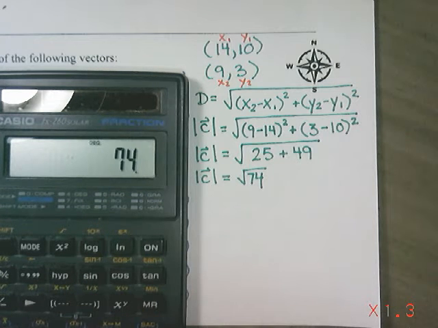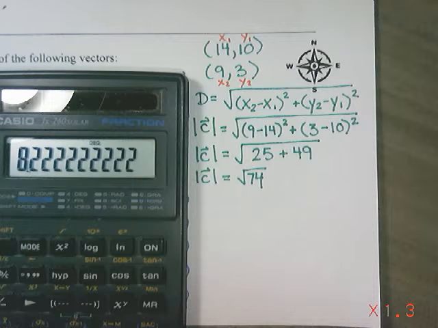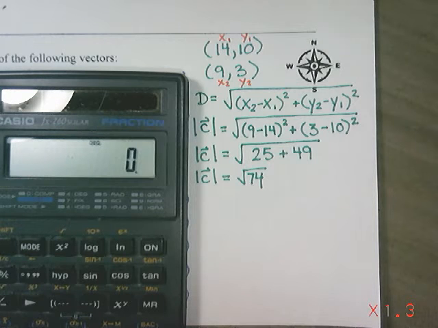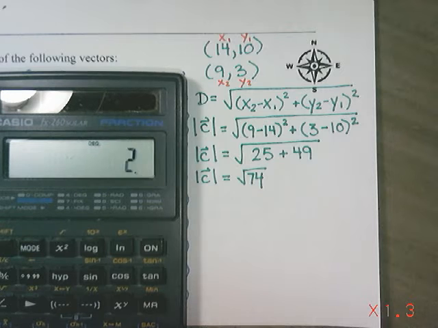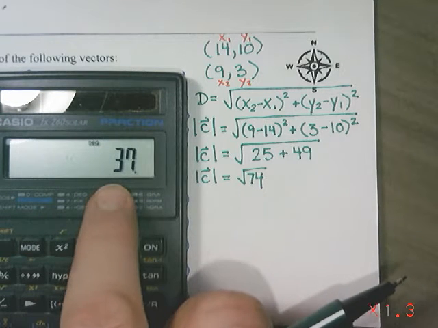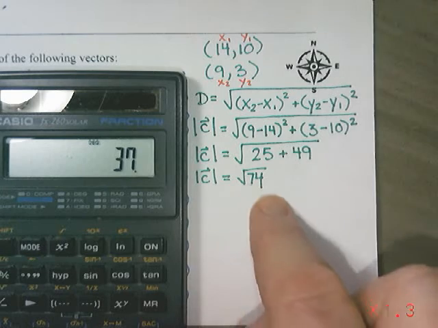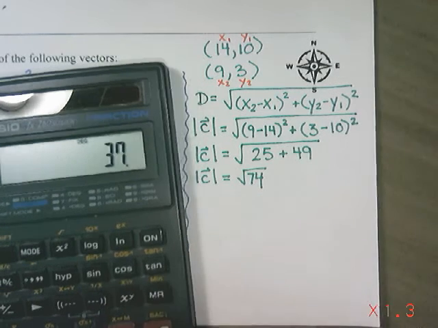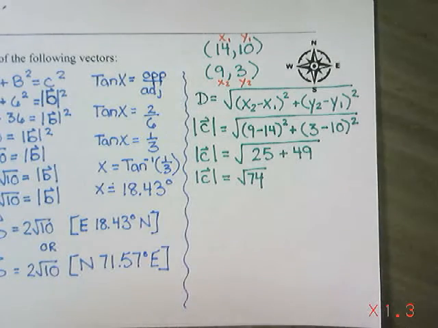I could try 3 squared, which is 9, and that didn't work either. When I divided 74 by 2, I got 37, which I know is a prime number, so I don't think there's a perfect square that goes into that. So I'm just going to leave that as the square root of 74.